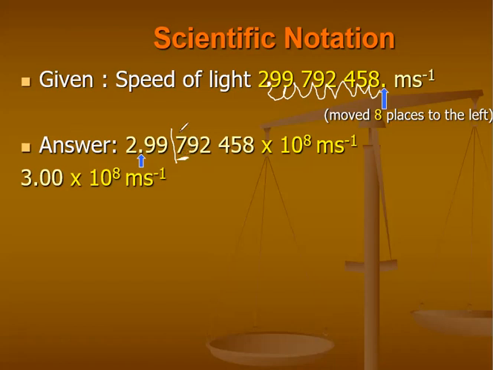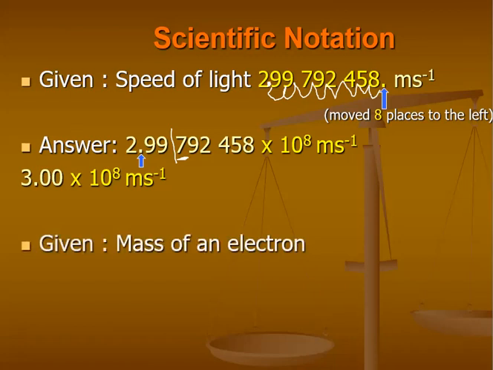Since it's bigger than 5, we're going to round off 2.99, and from 299 you go to 300. So it would then be 3.00 times 10 to the exponent 8.